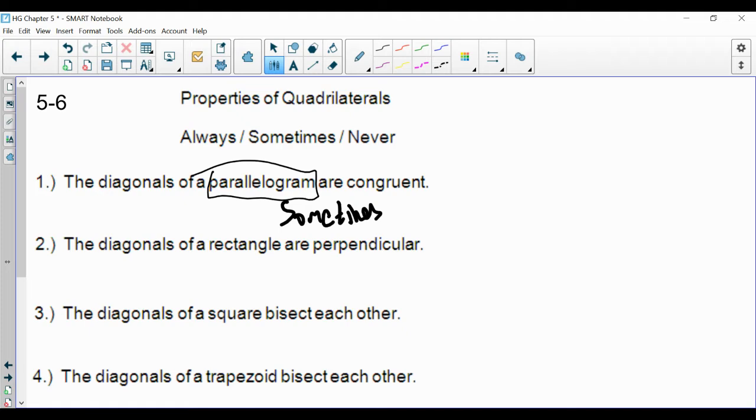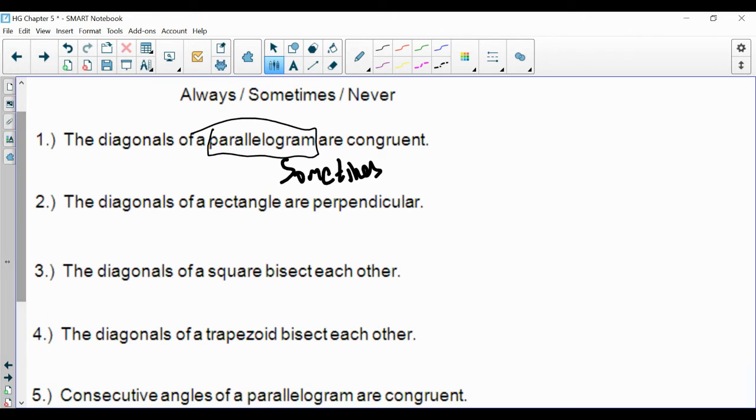But if it's a square, then they are congruent. So that's why it's sometimes. If you're using that sheet from a couple pages ago, the more specific you are, if anything has those properties below it, it's going to be sometimes unless it's on that same one.